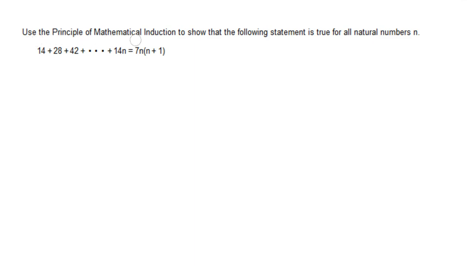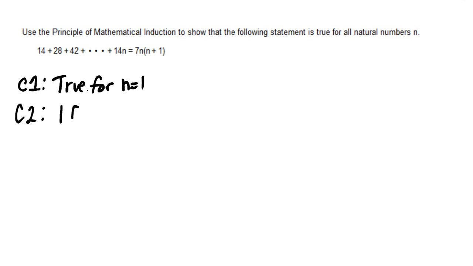Use the principle of mathematical induction to show the following statement is true for all natural numbers n. With the principle of mathematical induction, there are two conditions that we need to prove. Condition 1 states that the statement must be true for n equals 1. And condition 2 is an if-then statement.